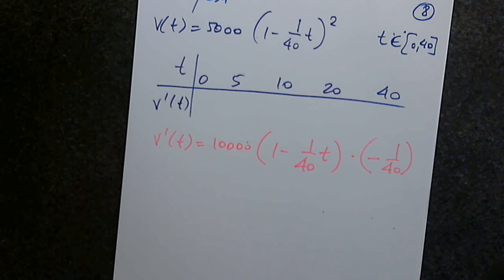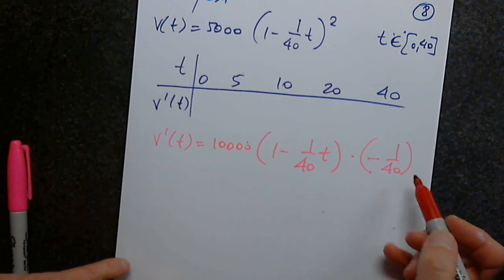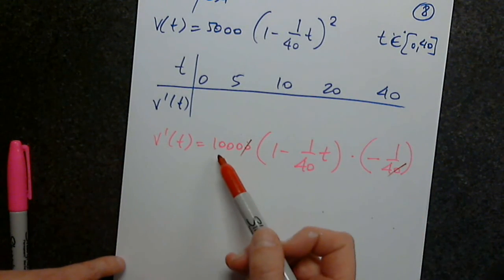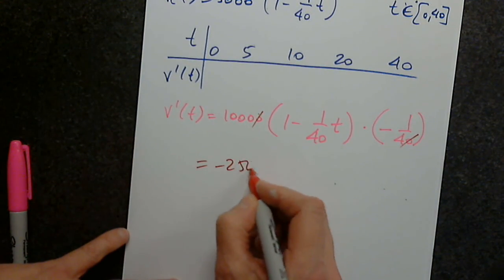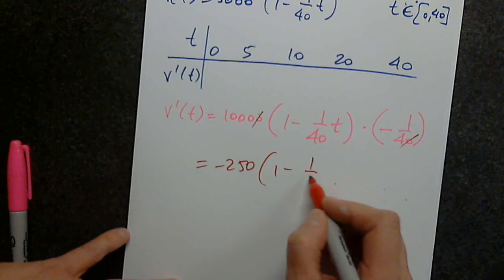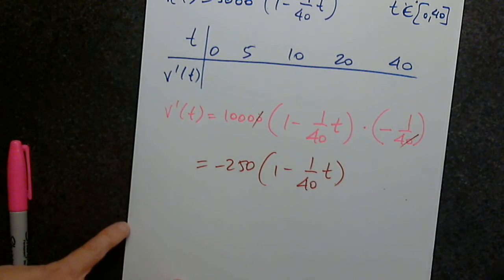Agreed? Since the volume decreases in the tank, what do you expect all these rates to be? Positive or negative? Correct. Because the volume is decreasing. And of course, I'll simplify, and I'll divide 1,000 by -4, and I have -250 times 1 minus 1 over 40t.